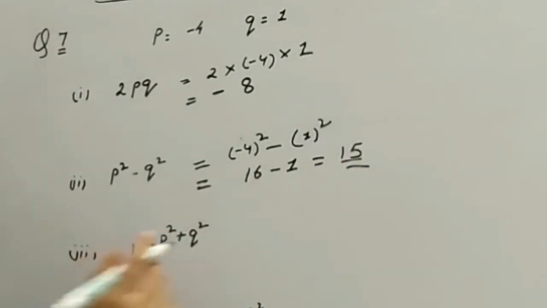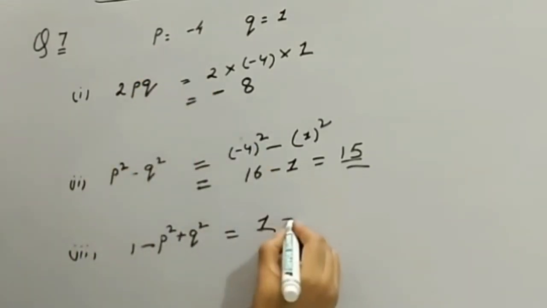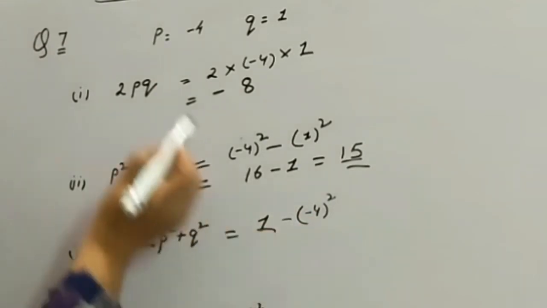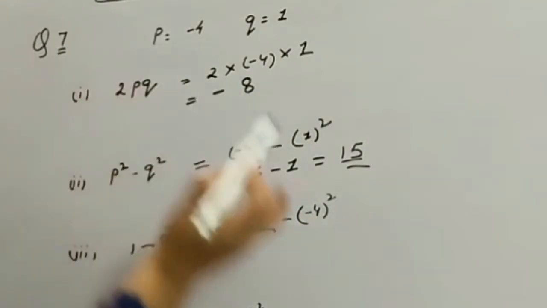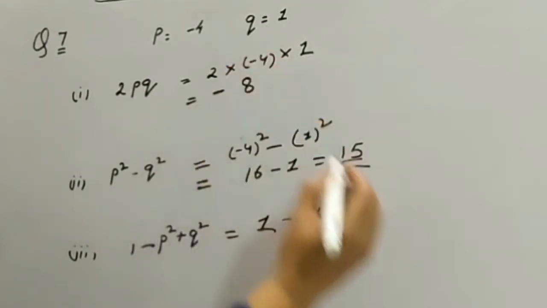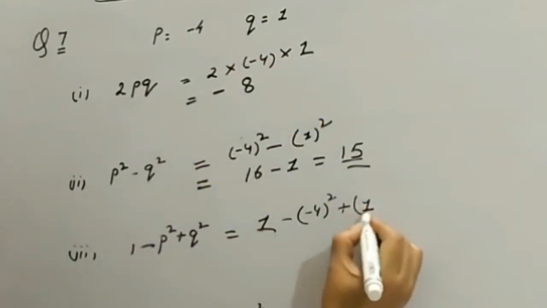Third question. 1 minus p square. Minus p square means minus minus 4 square. As the given value is minus 4, substitute minus 4 here. Plus q square. q is 1 square.